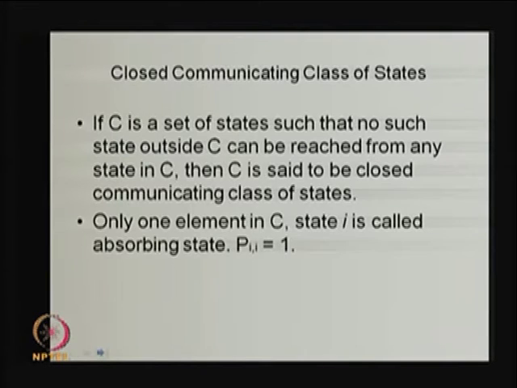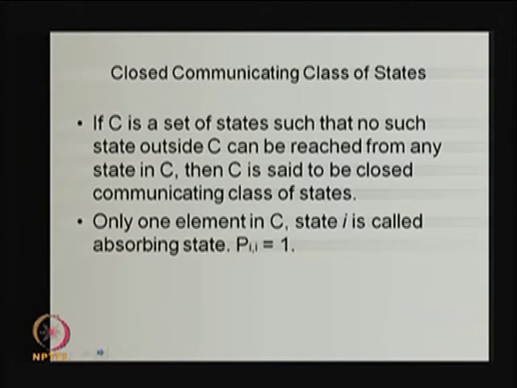Before we discuss the reducible Markov chain, let me explain the closed communicating class of states. This definition we have already given in earlier lectures. Again I am giving it, because using this we are going to conclude whether the Markov chain is reducible or irreducible.